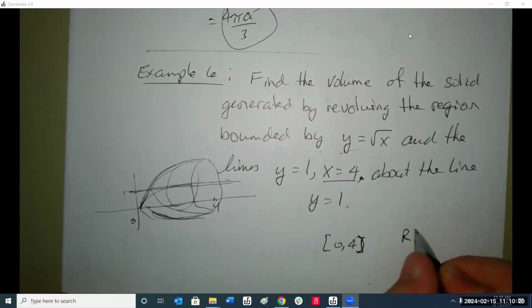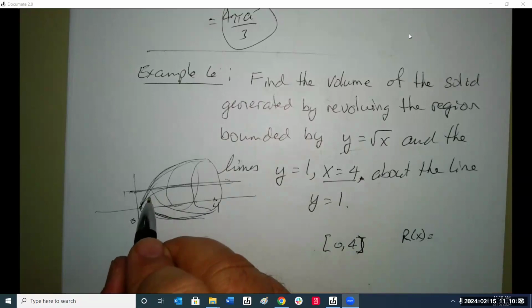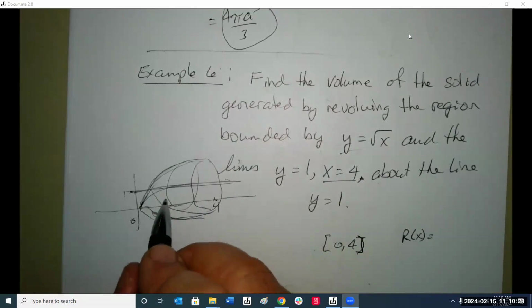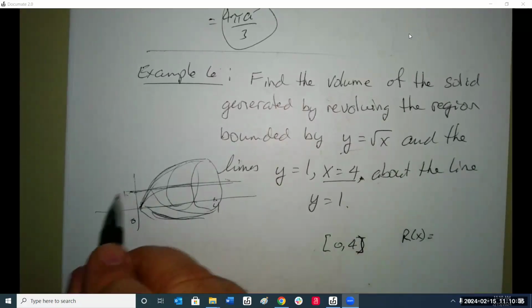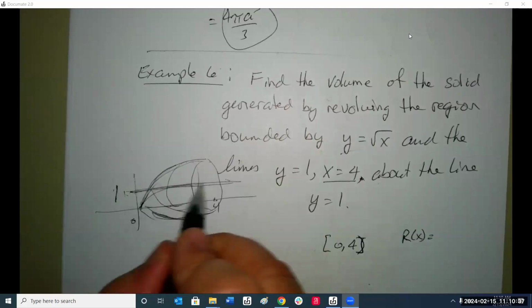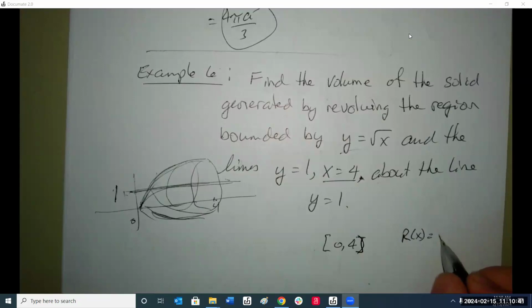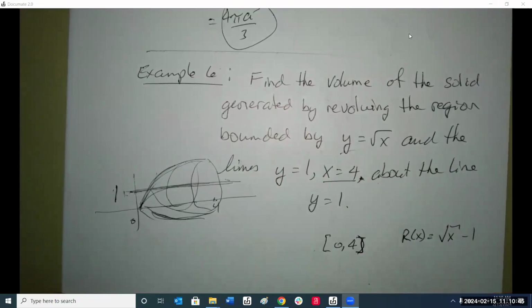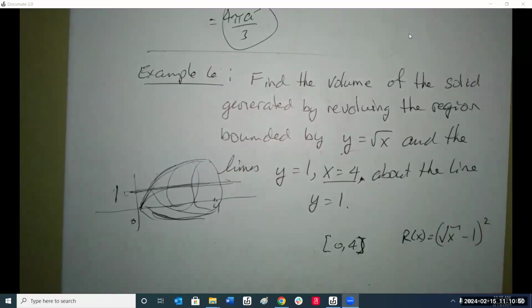My R is going to be, since I'm rotating it about y equals 1, I'm shifting it up. So it's radical x minus 1, squared.